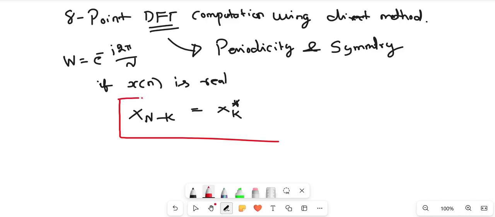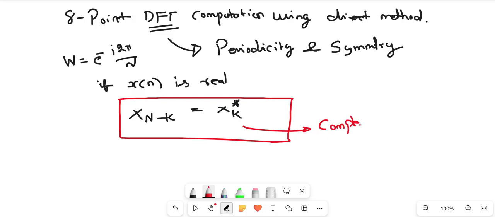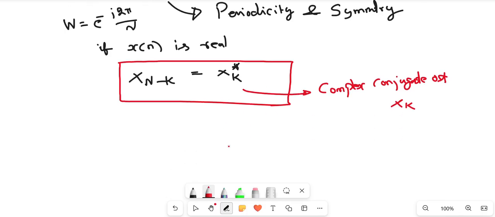So this is very useful, the symmetry property. What is this? This is the complex conjugate of X of k.